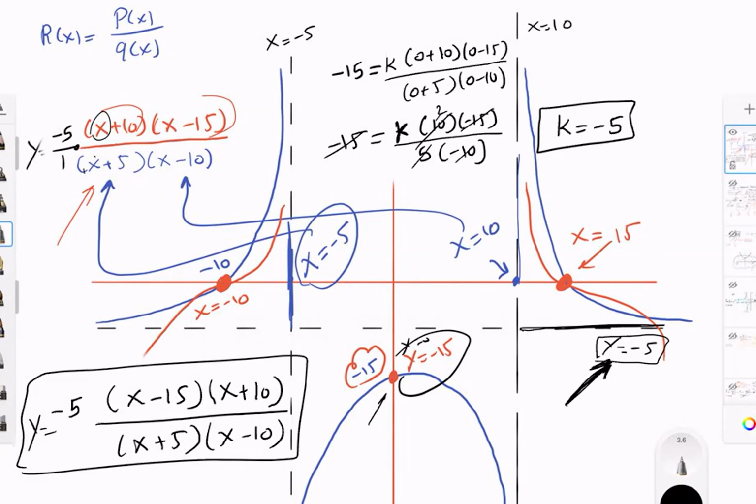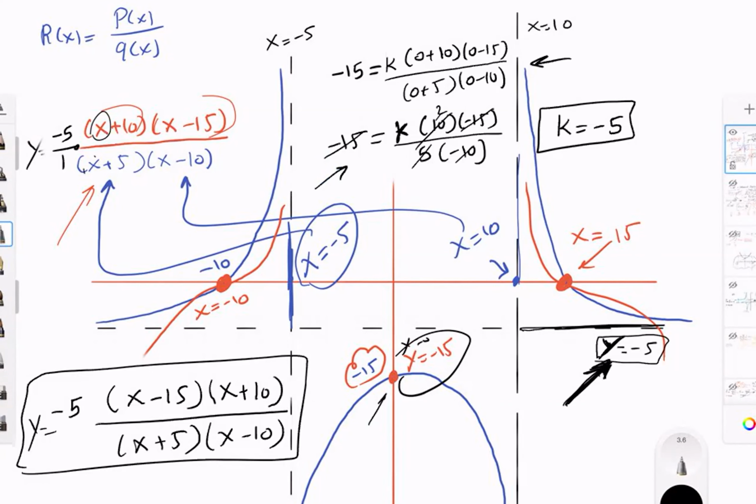Why is it -5 and not 5? Did you get, from the horizontal asymptote, for my algebra here, did you get +5? Yeah, I got +5. One way we can do it is through the horizontal asymptote, but let's go back to this formula here.